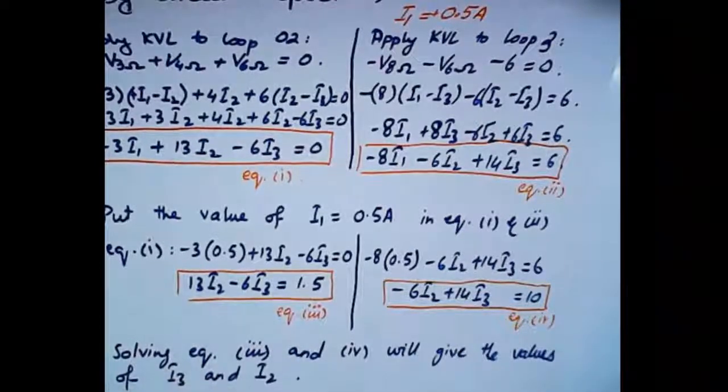You can solve these by yourself on the calculator. I hope that this example is also clear now, and you are pretty much clear about solving a circuit using the mesh analysis technique.